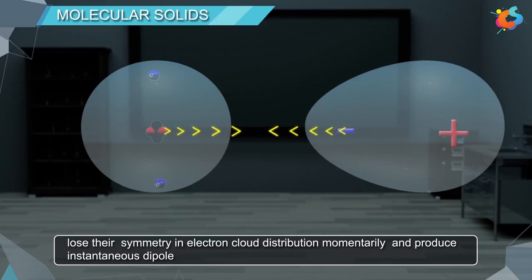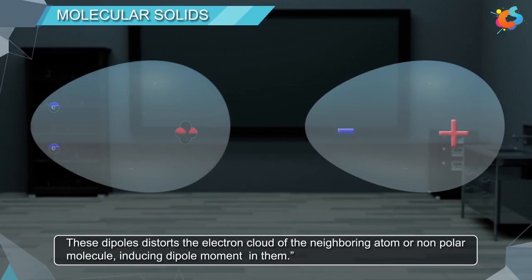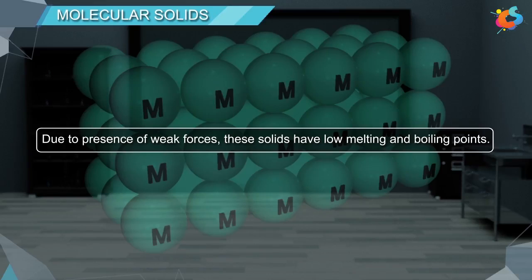These dipoles distort the electron cloud of the neighboring atom or nonpolar molecule, inducing dipole moment in them. Now, electrostatic force of attraction between these instantaneous dipoles are called dispersion forces or London forces. Due to the presence of weak forces, these solids have low melting point and boiling point.